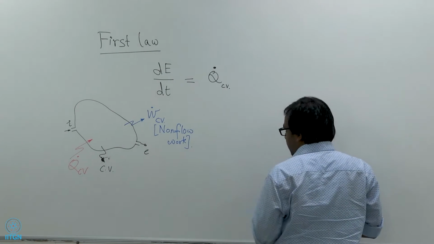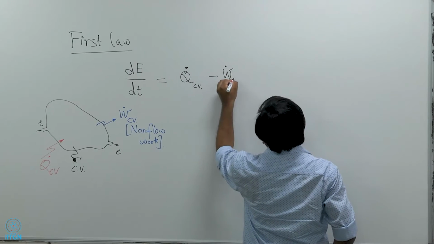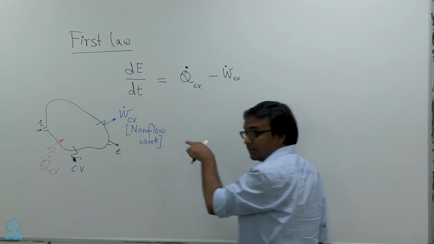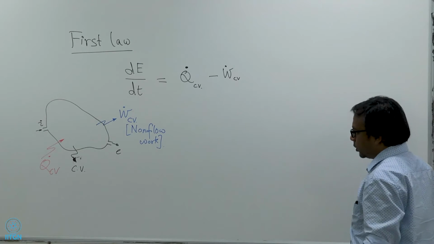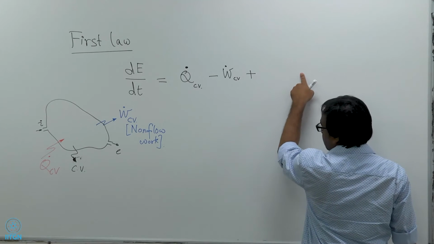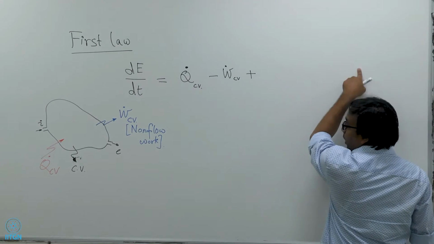So, Q dot CV minus W dot CV, this is the non-flow work done by the control volume. We will see examples of this kind of work shortly. Then you have energy in because of flow minus energy out because of flow.